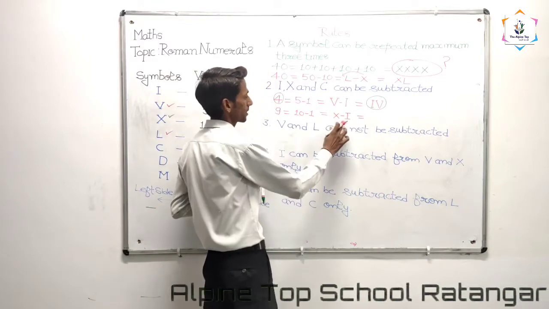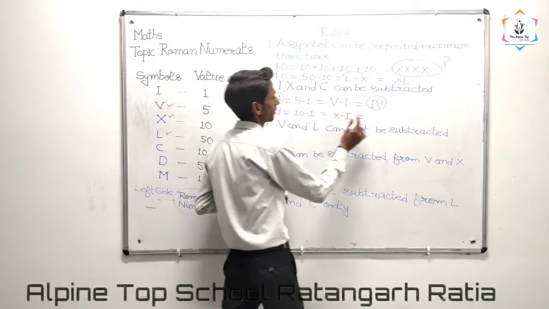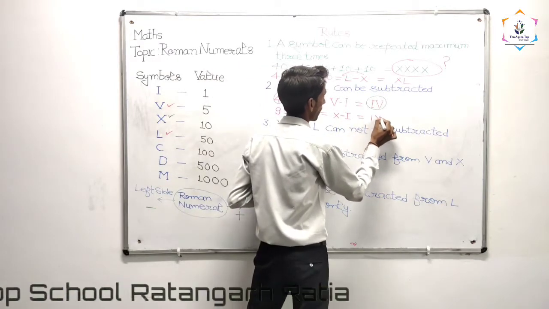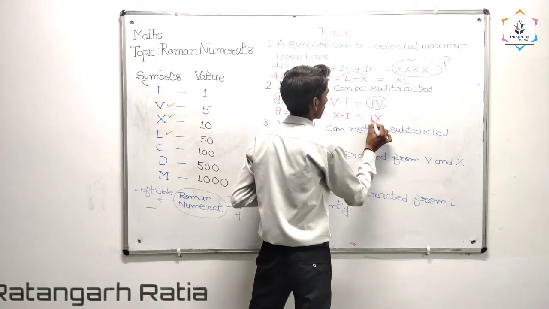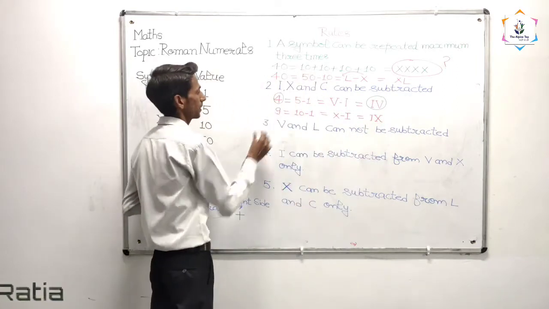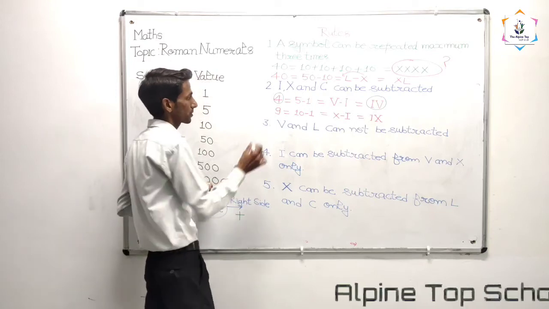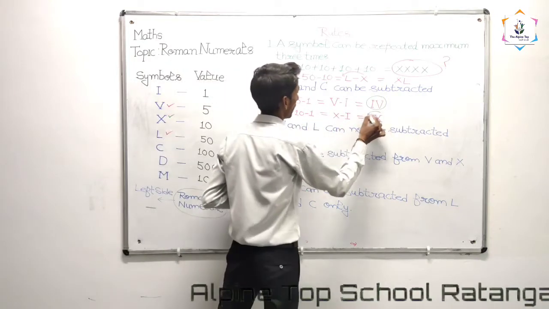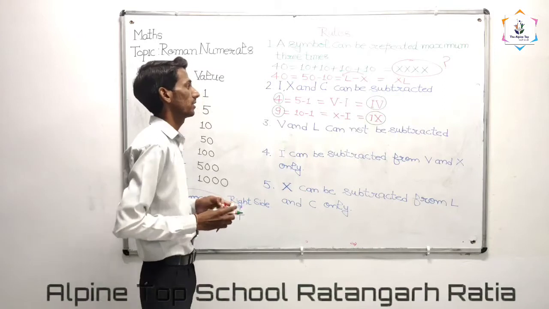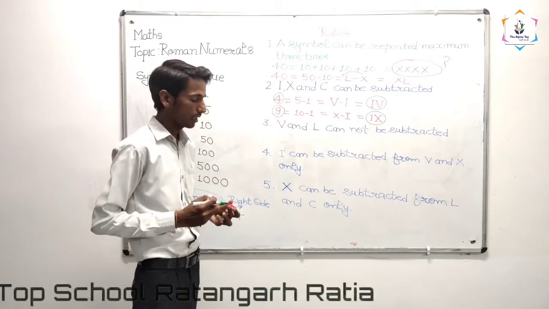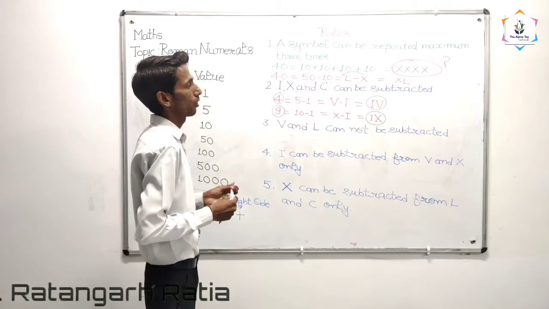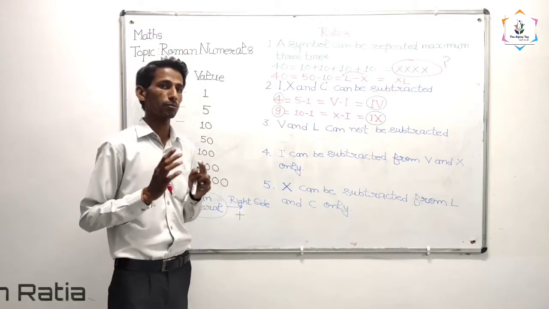Now obviously I am subtracting 1 from X here. I can write it as IX. Clear, students? The specific value in the Roman numeral system for 9 is IX. It means here I am telling that we can subtract I from other Roman numerals, but under some specific rules.